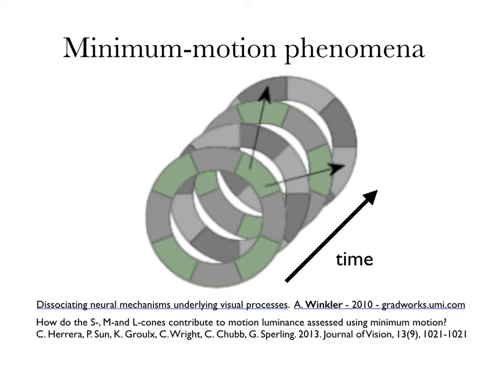Here the illusory motion stimulus is shown for one color, namely green, in the context of a gray background. These 4 frames that are shown are presented over time at different flicker rates.